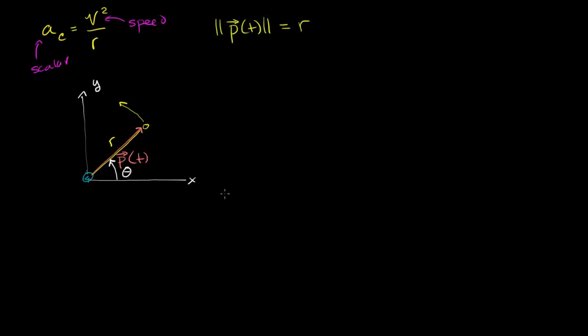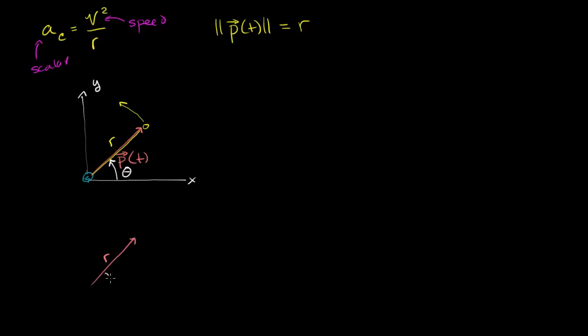So how can we actually express the position vector in terms of its components at any given time? Well, we can write the position vector, and I'll do it in engineering notation. And so you might want to review those videos if some of this looks foreign. And I will do a little bit of basic trigonometry and breaking down the vector into its components. And I encourage you to review those videos if some of that looks a little bit daunting. If you take the position vector at any time, the magnitude is r.